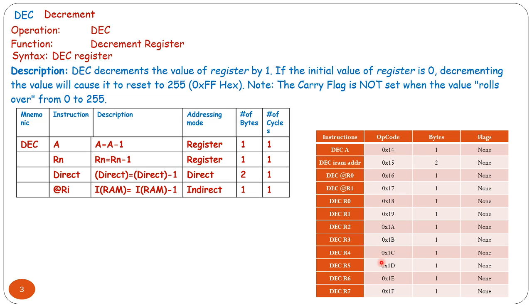Decrement R4, having operation code 1CH. And similarly, decrement R7, having the operation code 1FH. All instructions are 1 byte instructions, and none of the flags get affected.